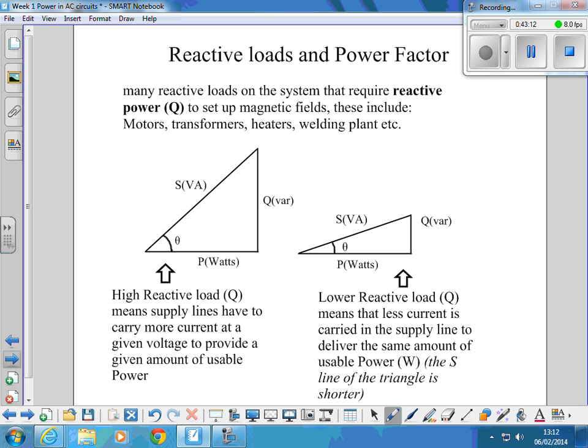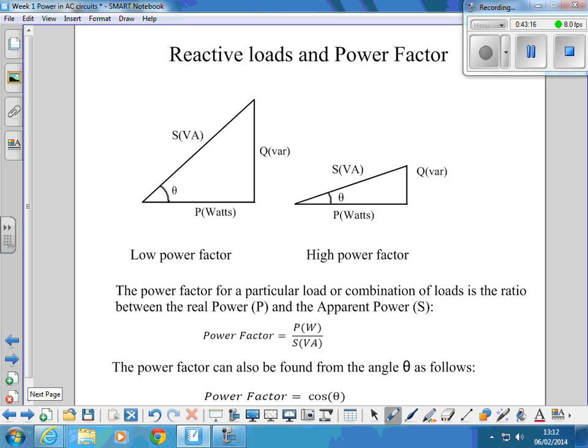Which leads us on to what we mean by power factor. That left-hand triangle is termed a circuit that's got a low power factor, the right-hand one, high power factor.